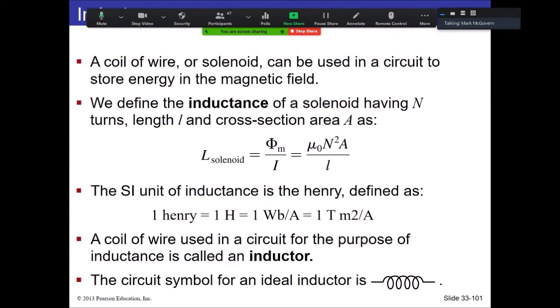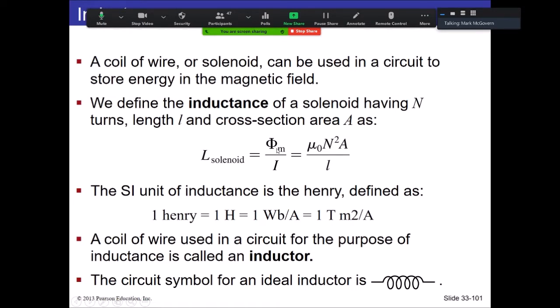To indicate an inductor, we use the capital letter L, and this inductance is defined as a ratio of magnetic flux to current. Magnetic flux to current. And we can break this down into other kinds of pieces here, right?